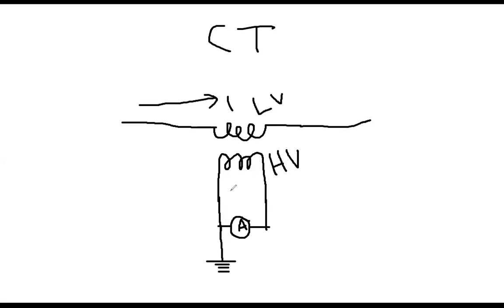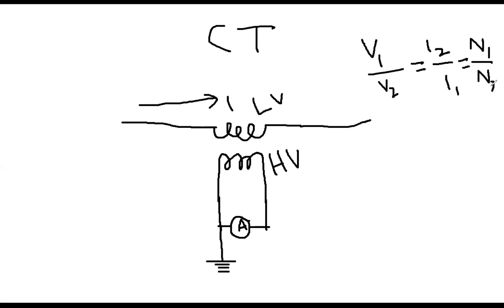Because if this is the high voltage side, then definitely current will be lower than on this side. You remember that relationship: V1 over V2 equals I2 over I1, which equals N1 over N2.